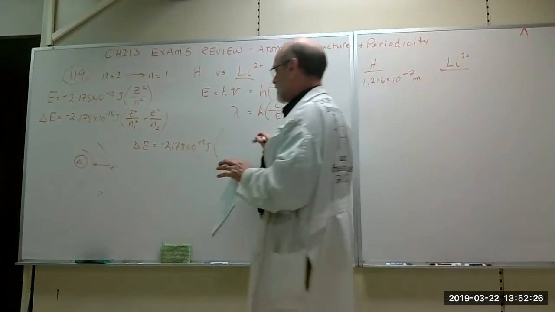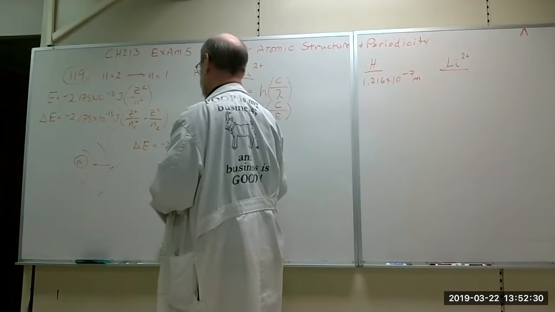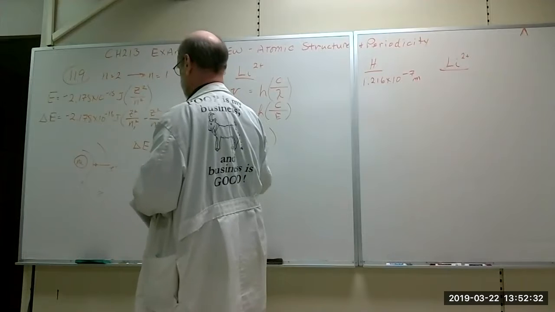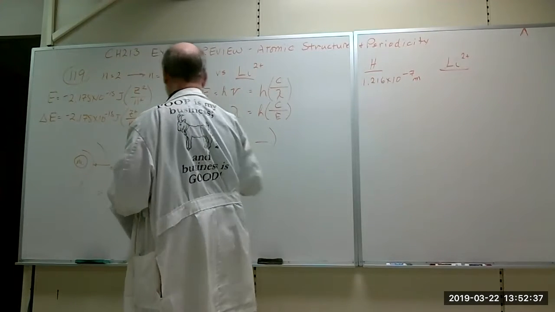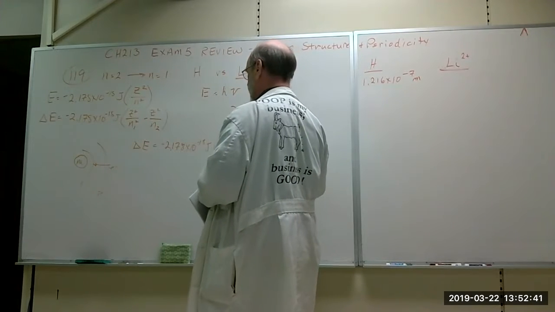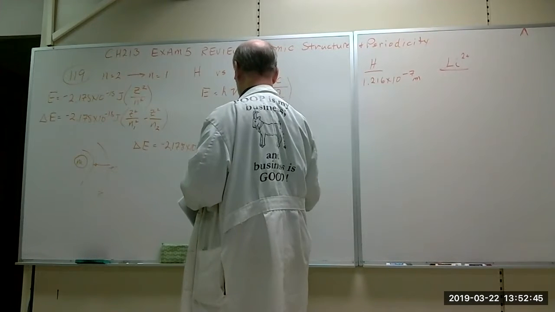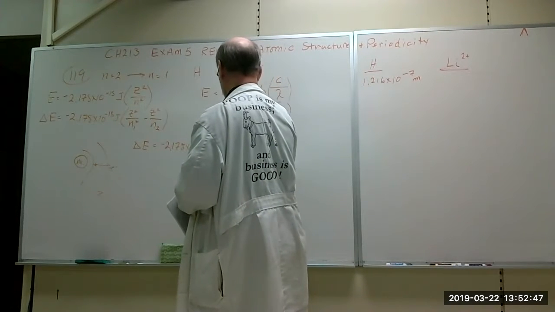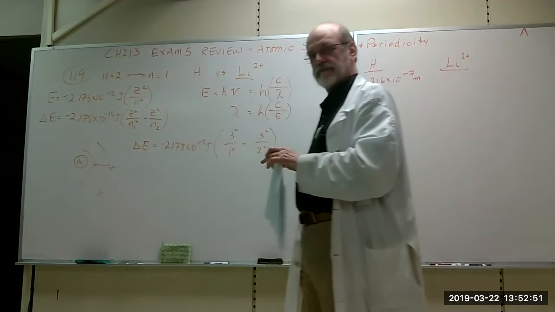So we're going to do the lithium, and Z then is, N is 1, right, squared. And then N2 is 2 squared. And this one is 3 squared over 3 squared. Or 3 squared, 3 squared. I think.